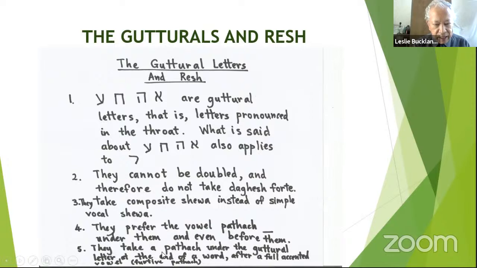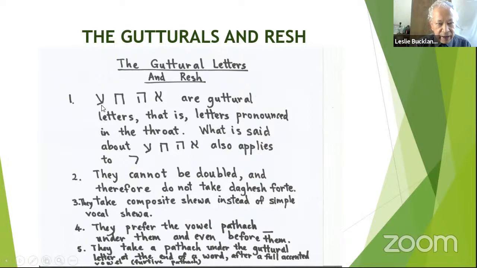Number 5, they take a pathak under the guttural letter at the end of a word. So let us say that ayin is at the end of a verb. You will find that under ayin, there will be the vowel pathak. Okay, we will learn about that later on, not this trimester. So they take a pathak under the guttural letter at the end of a word.